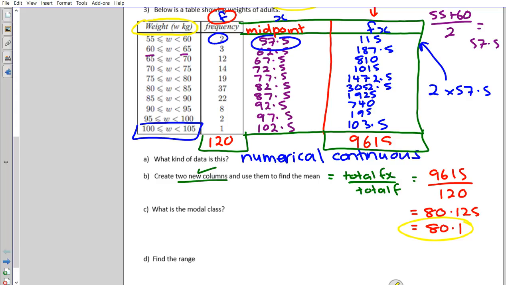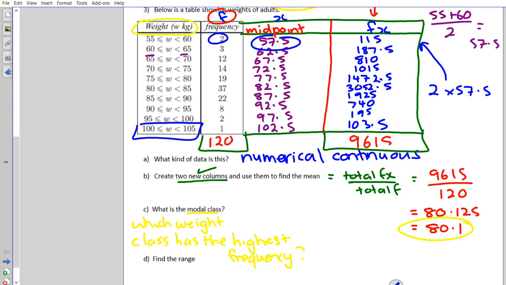What is the modal class? So the one with the highest, so which weight class has the highest frequency is what it's asking for the modal class. Which weight class has the highest frequency?